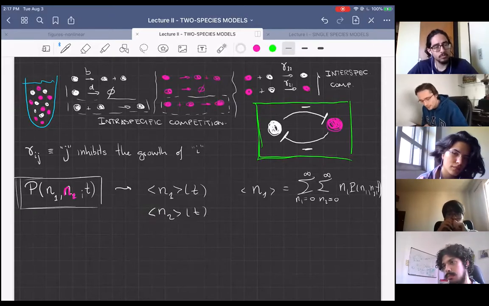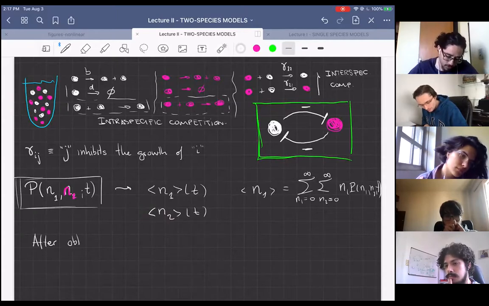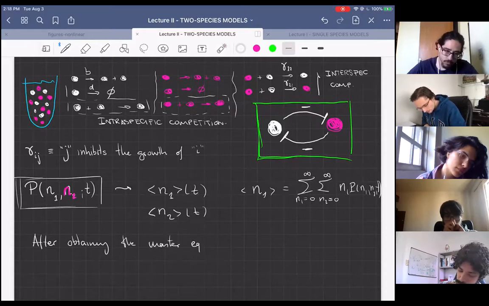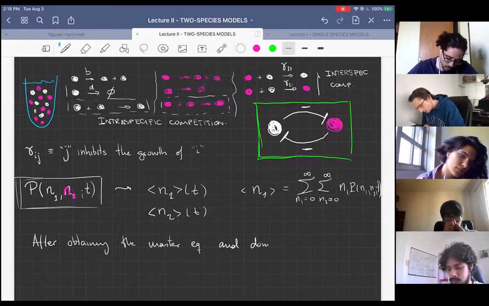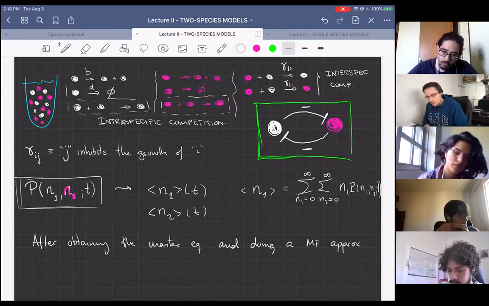I will have, let's do here, after obtaining the master equation and doing mean field approximation. Remember that we have to also do this mean field approximation.